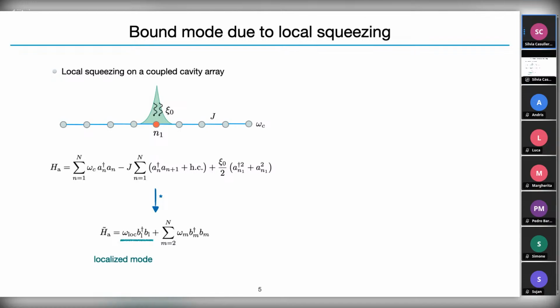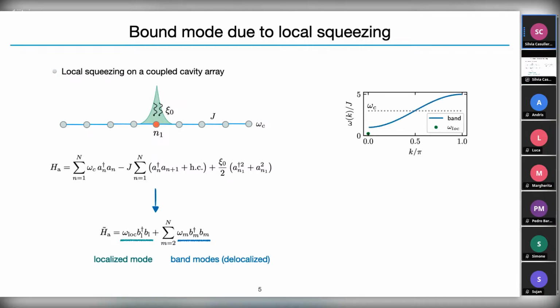And now when we do this diagonalization, and I put a little star because in the next slide I will mention some details about this, we can find the normal modes of the system, the ones that diagonalize it. We find that one of them in particular is a localized mode, and the other ones are band modes that are completely different. The green one there is the localized mode that we find. In particular, this localized mode has a frequency that is isolated from the rest of the band, and it lies below the band.